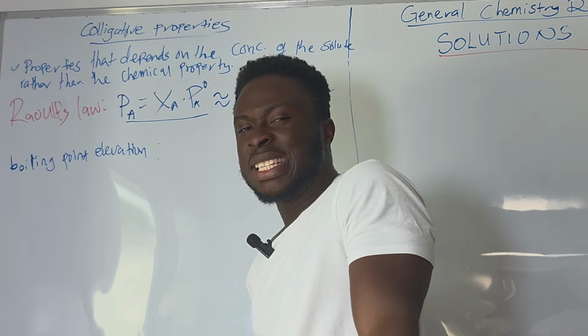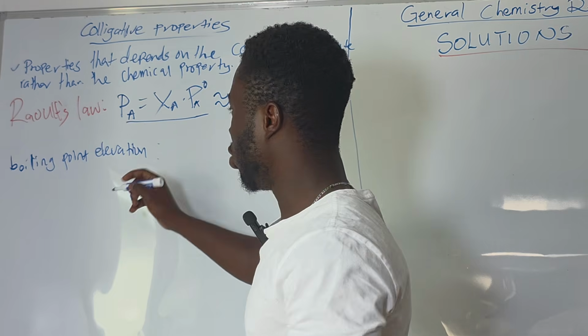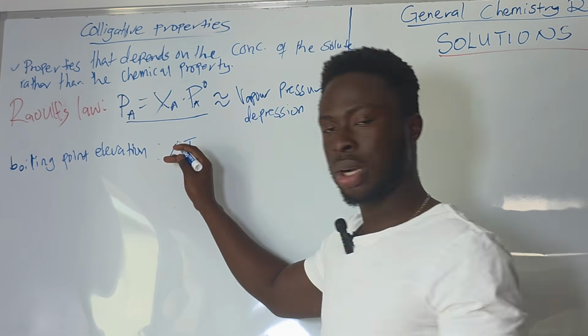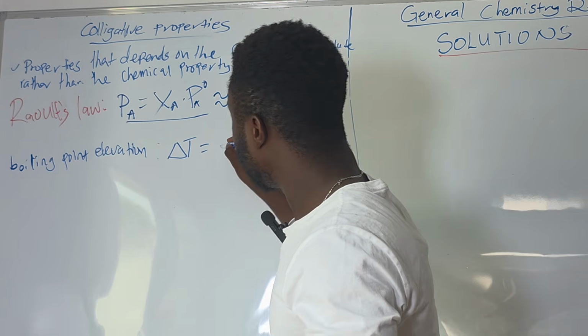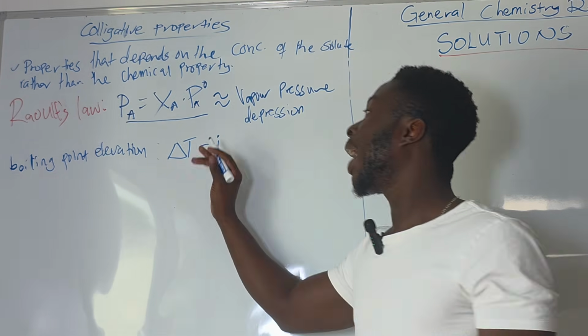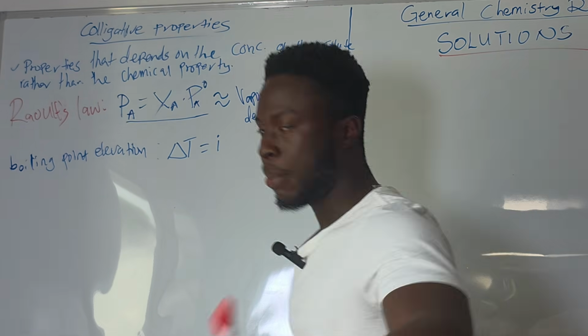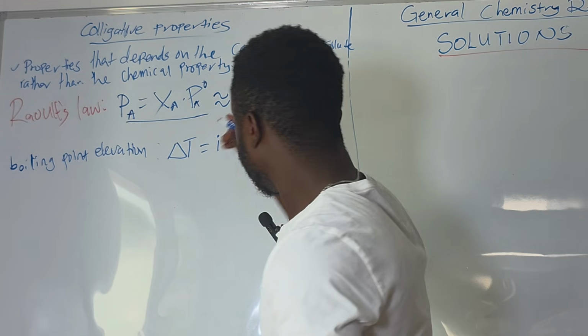But boiling point is just a temperature. So the formula that we work out over here is that the change in temperature of the boiling point is equal to i, which is what we call the Van't Hoff factor. I'll come back to it, put a pin in it.